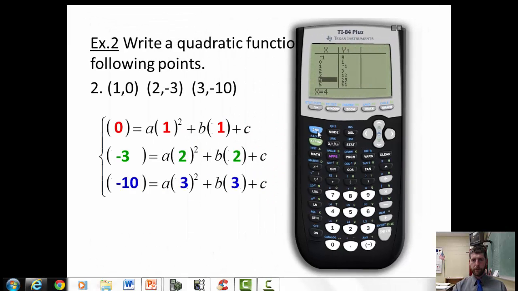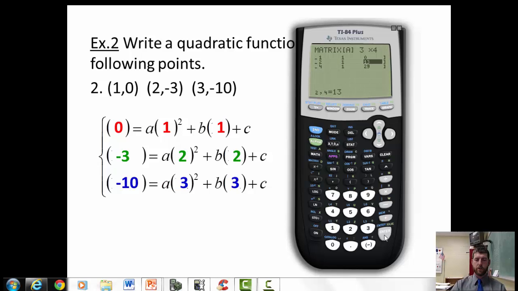And plug her in. So second matrix, edit. 3 rows, 4 columns. So 1 squared is 1. B coefficient is 1. C coefficient is 1 equals 0. Second equation, A's coefficient is 2 squared, so that's 4. B coefficient is 2.